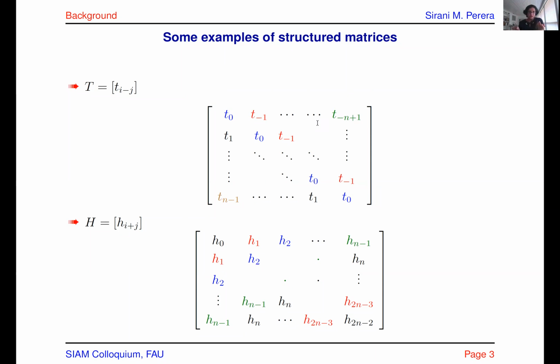Suppose you have n squared entries, you only need n parameters to determine this matrix explicitly. So you don't need n squared operations. The famous fast algorithm for a Toeplitz matrix as the coefficient matrix is the Levinson algorithm, which can solve the Toeplitz system in n squared operations.